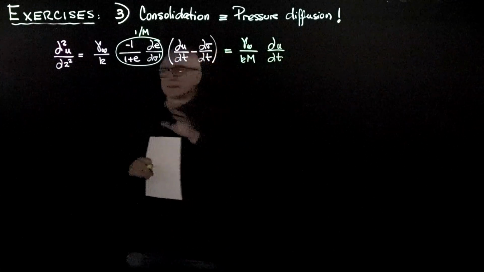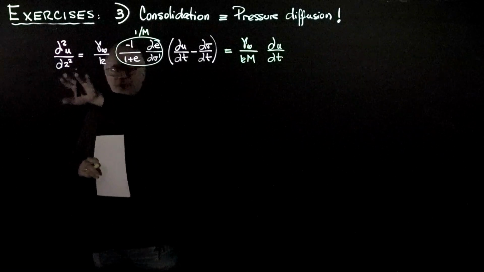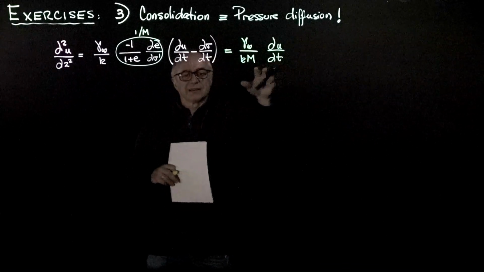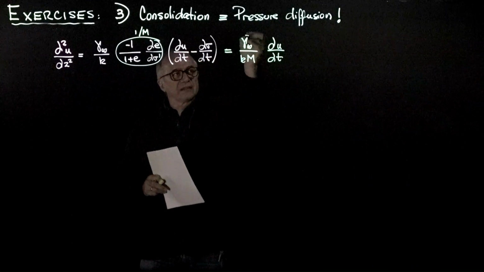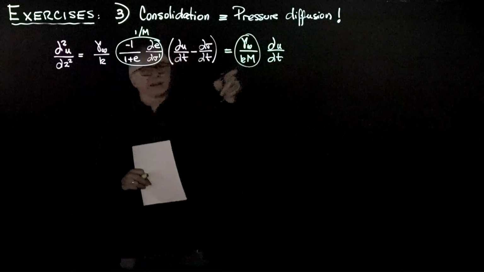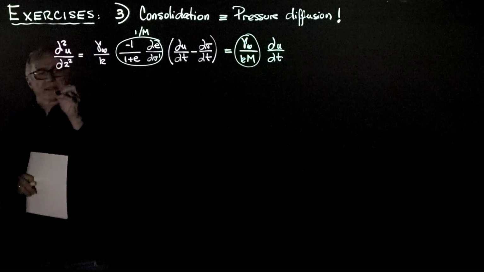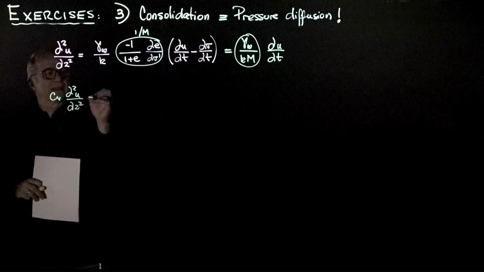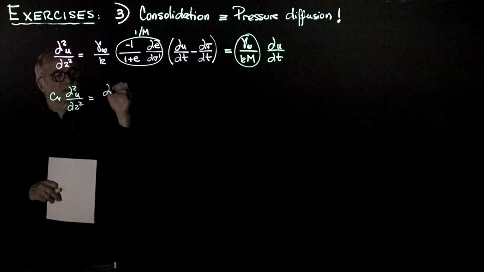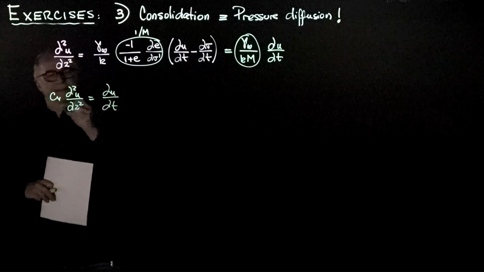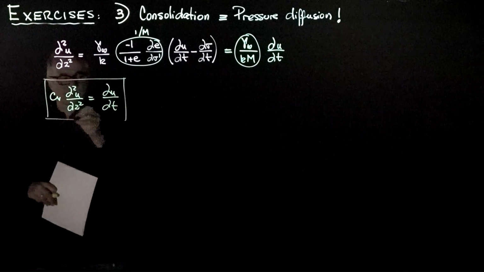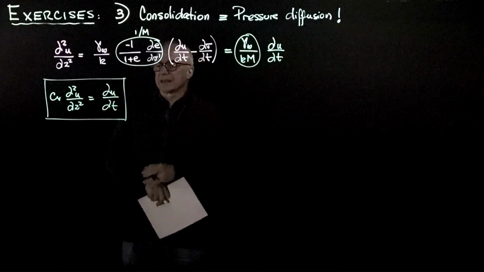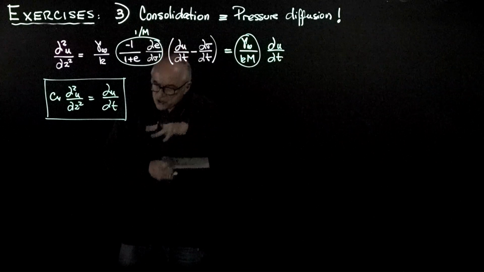Now, the second derivative of the pressure in depth, related to the rate of pressure dissipation in time, is a diffusion equation. So this is actually the inverse of the diffusion equation, and in fact we put it on the other side and we say that CV times the second derivative of u with respect to z is equal to the rate of change of the pore pressure. Indeed, this is a classical diffusion problem like thermal diffusion and chemical diffusion, in this case for the time rate of the water escape as the soil squeezes.